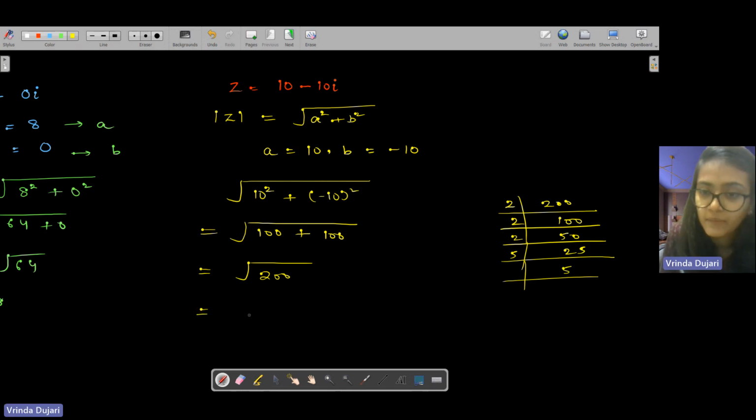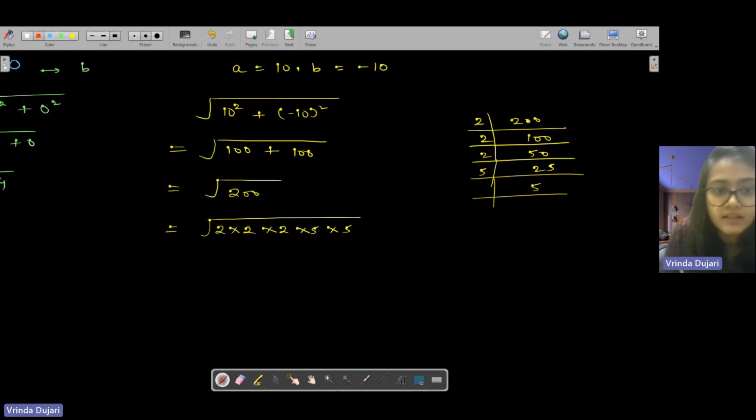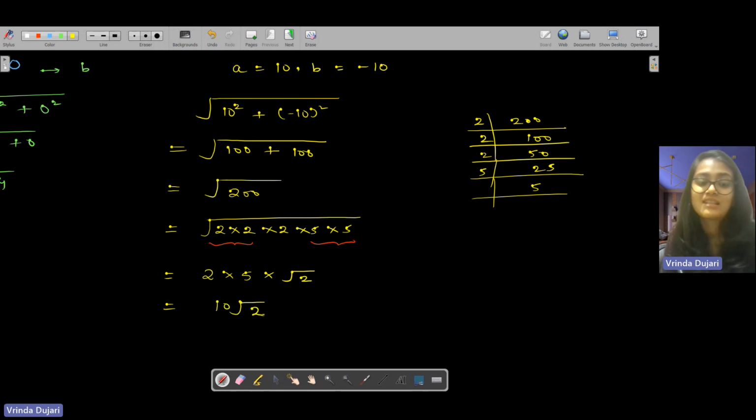So this can be written as 2 times 2 times 2 times 5 times 5. So I can take out one 2 and one 5 outside. And one 2 is left inside the radical. So this becomes 10 times root 2. So this is the absolute value of 10 minus 10i. So this is how we find out the absolute values of a complex number.